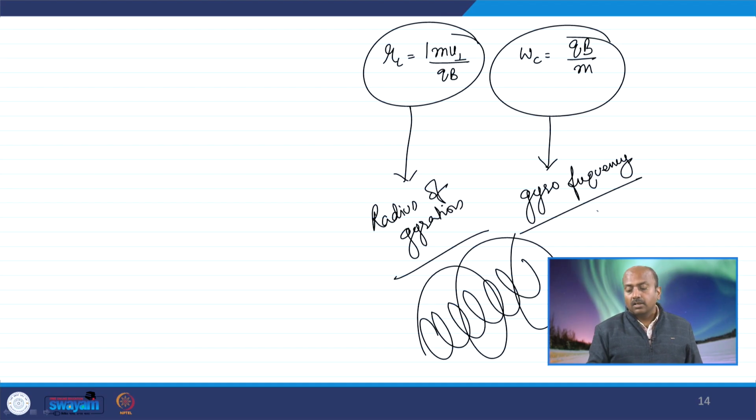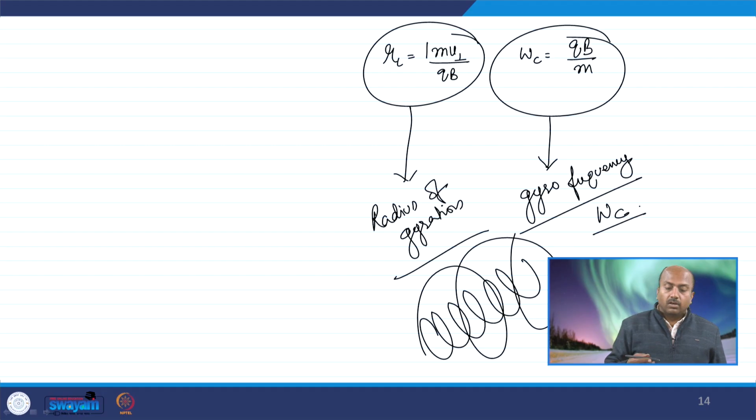What else changes? The frequency, the number of rotations that these particles will cover per unit time, seems to be dependent in an inverse way. Higher the mass, the radius will be larger and the number of oscillations will be smaller. Of course, it is matching very well with the common understanding, right? But this is what we should remember.